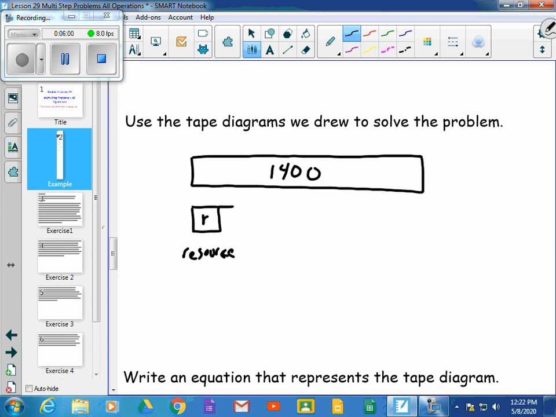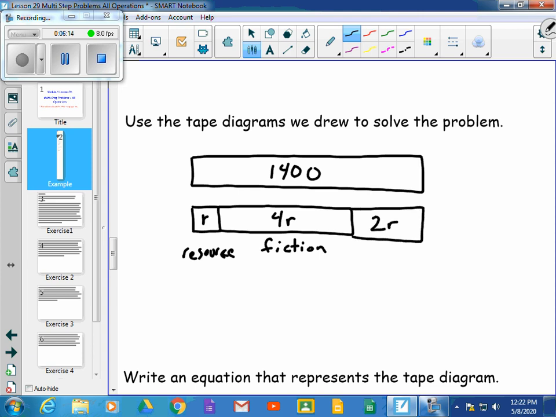And then we had 4R. That was the number of fiction books. And then we have 2R. Those were the number of nonfiction books. Those are the only three types of books in the library. Those three parts have to add up to the total.